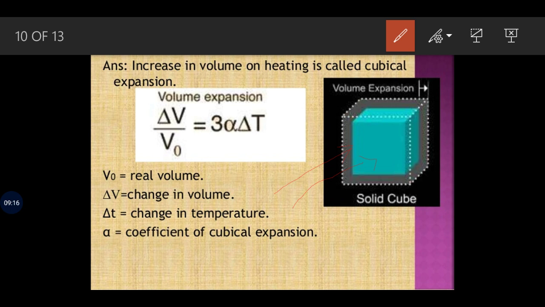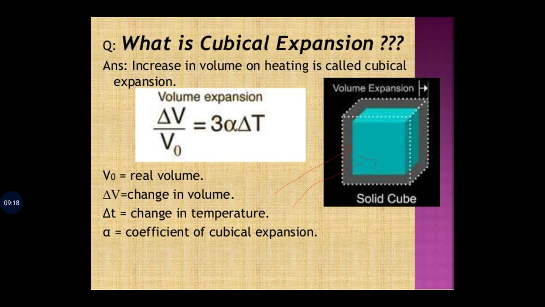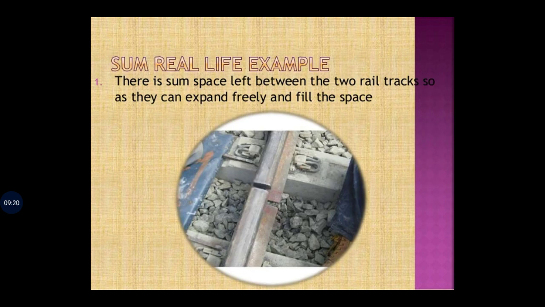Okay, the next one: some real life examples. Rail tracks. Some space is left between two rail tracks so that they can expand freely and fill the space.